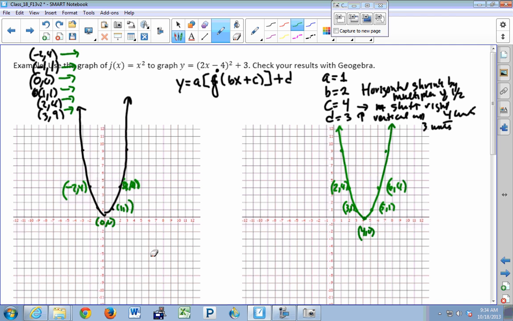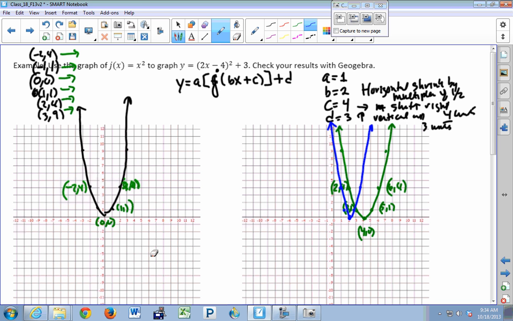So 4, 0 becomes 2, 0. 2, 4 becomes 1, 4. 3, 1, when I chop that in half, becomes 1.5, 1. My 5, 1, when I chop 5 in half, becomes 2.5, 1. 6, 4 becomes 3, 4. Okay, so I'm just going to throw that in. There we go.